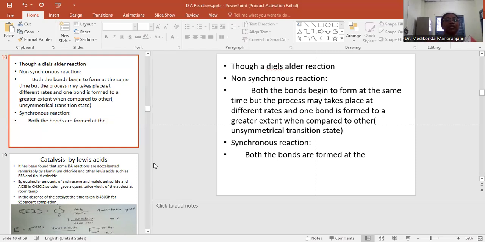In a synchronous reaction, both the bonds are formed at the same time and both are simultaneous. So the Diels Alder reaction may be a concerted non-synchronous reaction or a concerted synchronous reaction. So this is about the mechanism. And in the next class, we shall continue with catalysis by Lewis acids in a Diels Alder reaction.